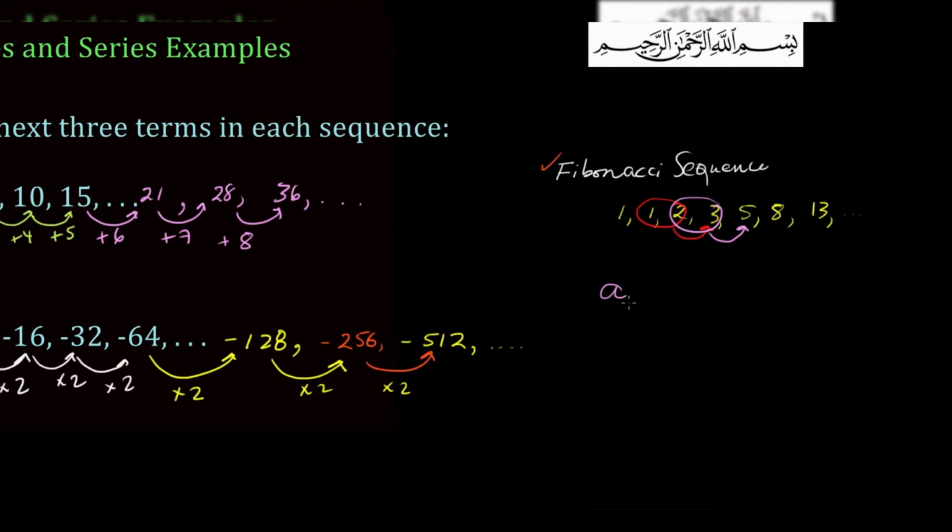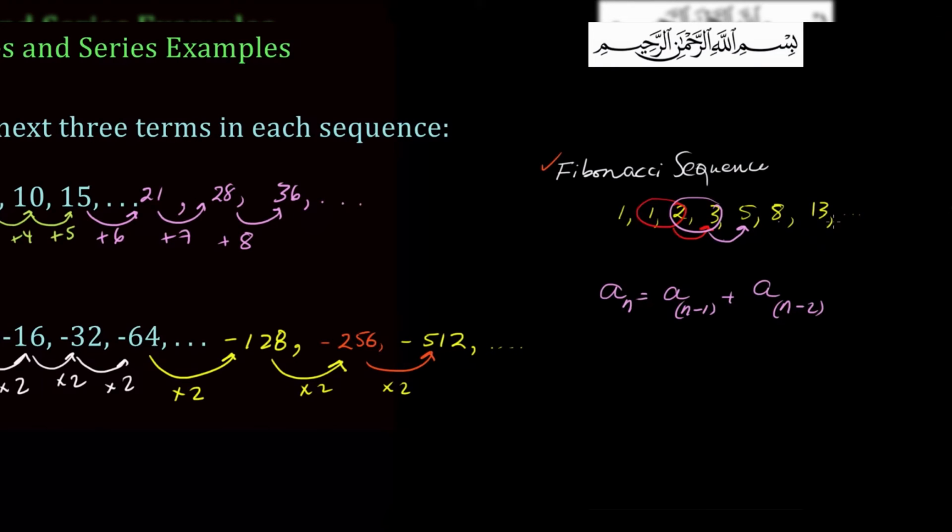So if I were to write a rule over here, it would be a sub n equals a sub n minus 1 plus a sub n minus 2. You take the preceding term, and then you take the term that's preceding the preceding term, so to speak. So you take two consecutive terms, and you add them together to get the next term. So 5 plus 3 is 8, and 8 plus 5 is 13.